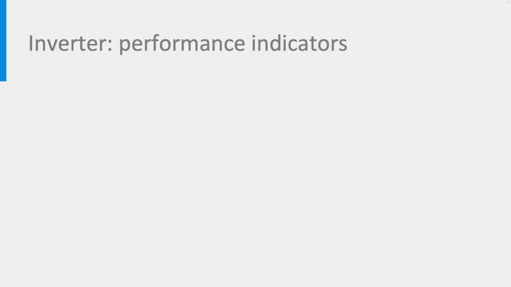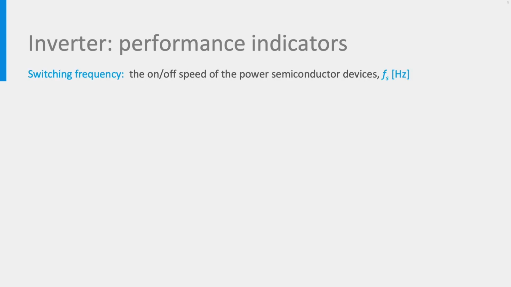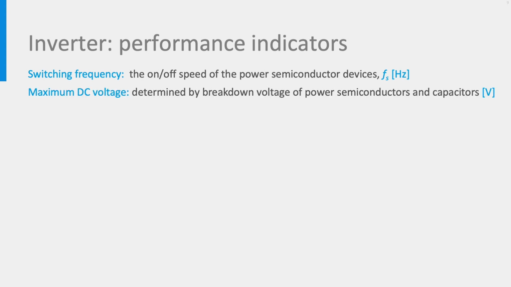The performance of an inverter can be evaluated based on the following criteria. The switching frequency is the speed at which the power semiconductor devices are able to switch between the on and off states. The maximum DC voltage of the inverter is determined by breakdown voltage of the power semiconductor devices and the capacitors.